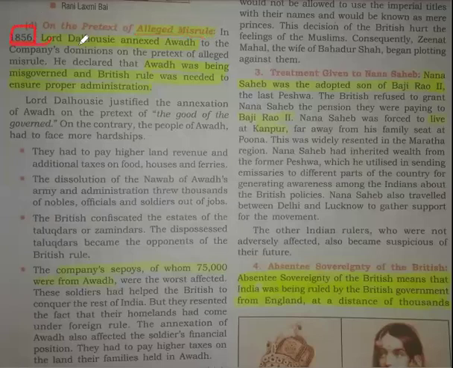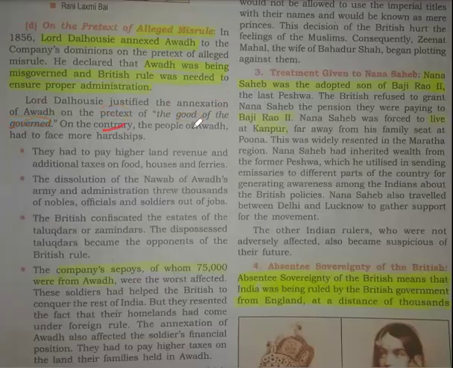In 1856, Lord Dalhousie annexed Awadh to the Company's dominions on the pretext of alleged misrule. He declared that Awadh was being misgoverned and that British rule was needed to ensure proper administration. Lord Dalhousie justified the annexation of Awadh on the pretext of the good of the governed.